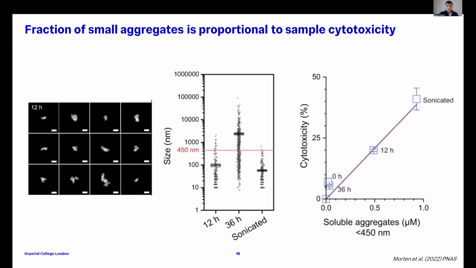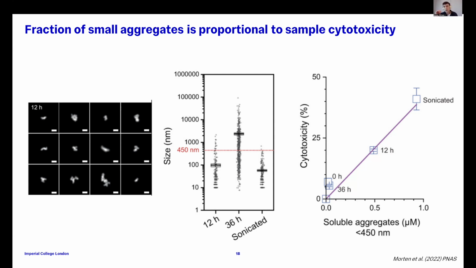So we decided to take this a step further, and we wanted to see if this had any disease relevance. Again, this is all recombinant aggregates that we've aggregated together in the lab, and we've looked at the different size distributions using this single molecule localization technique.